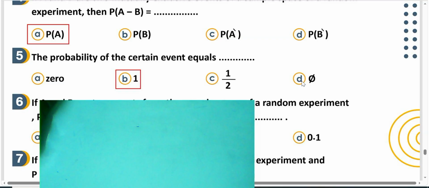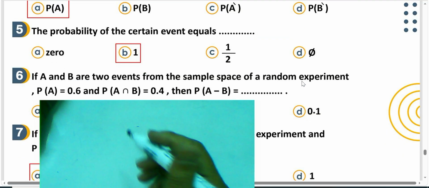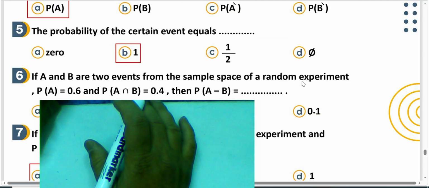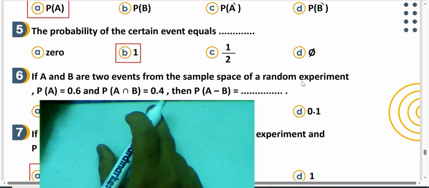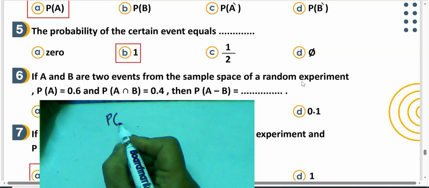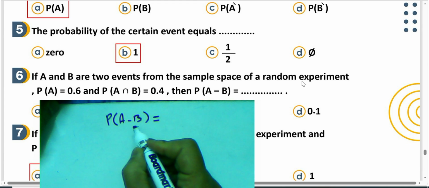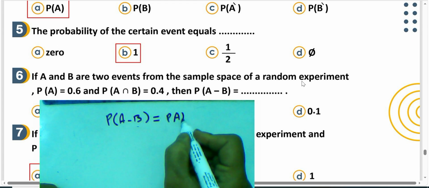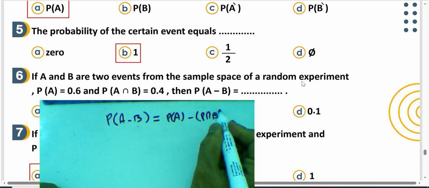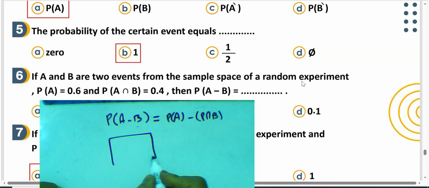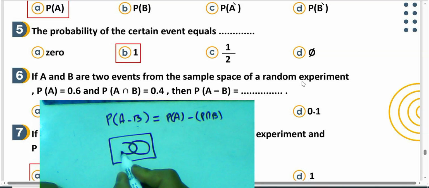Choose letter B. And if A and B are two events of a sample space of a random experiment, probability of A is 0.6, intersection 0.4, he wants to find probability of A difference B. You must know this rule: probability of A difference B equals probability of A subtract probability of A intersection B. Because if we draw a Venn diagram here, we have the intersection and we have A and B. We want to find A difference B, this part, which is equivalent to probability of A subtract the intersection.